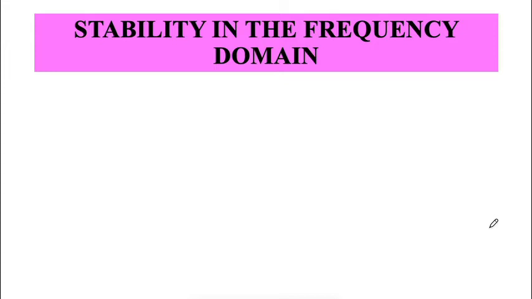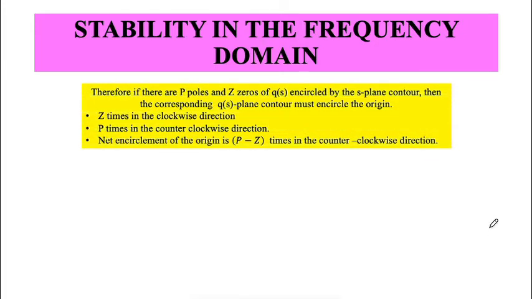So therefore I can just say something more now. If there are p poles and z zeros of Q(s) encircled in the S plane, so let's say you have 3 poles and 2 zeros. I'm not really interested in where these poles are.